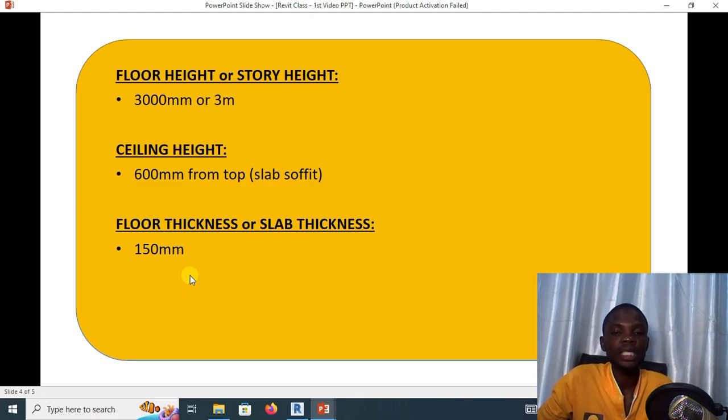Now you have floor thickness or slab thickness. Standard is 150 millimeters. Now this is also not compulsory. As per the structural design, floor thickness can actually become 175 millimeters or even 200 millimeters if the slab is expected to carry a lot of load.